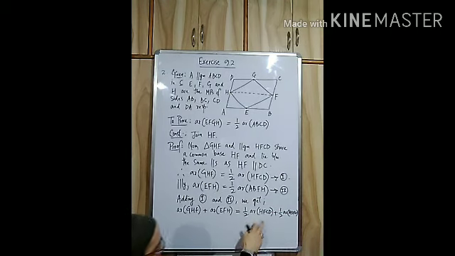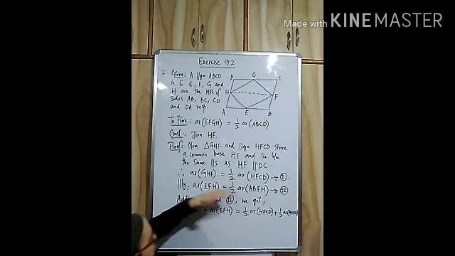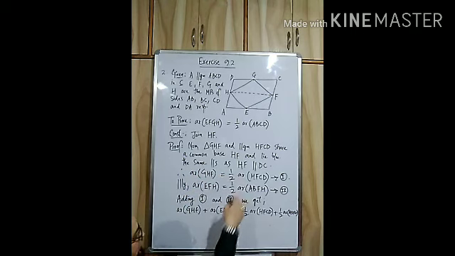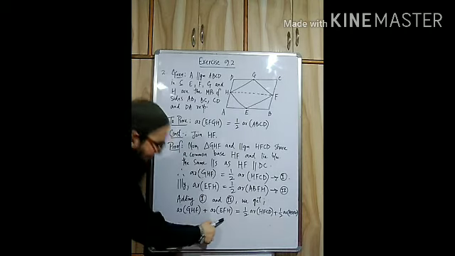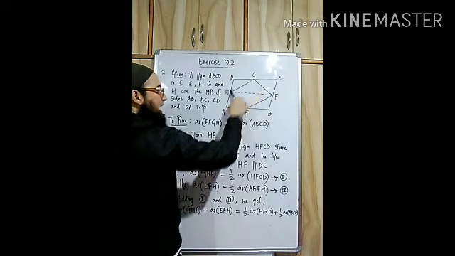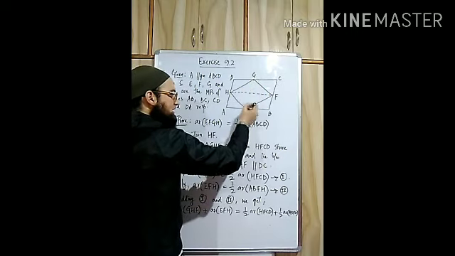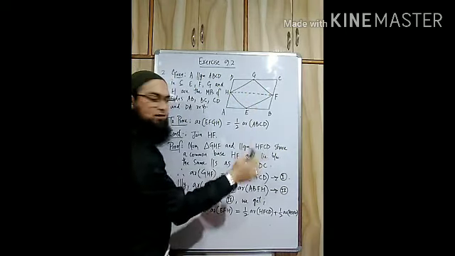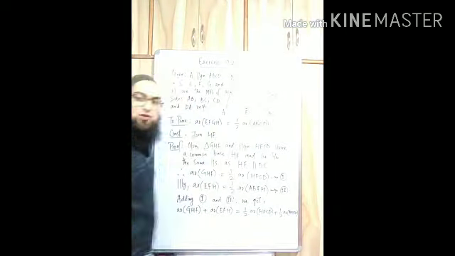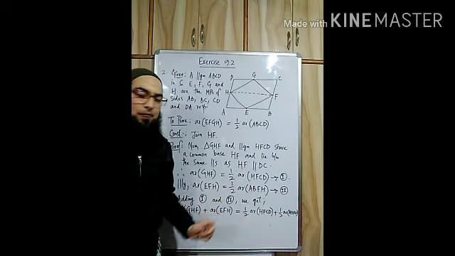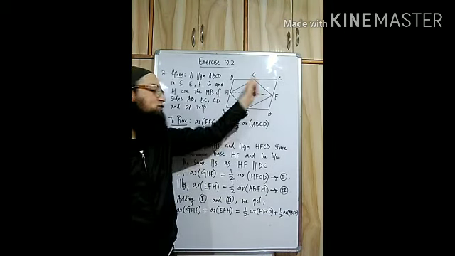When you are adding two equations, you add left hand side to left hand side and right hand side to right hand side. Now GHF plus EFH is nothing but EFGH.